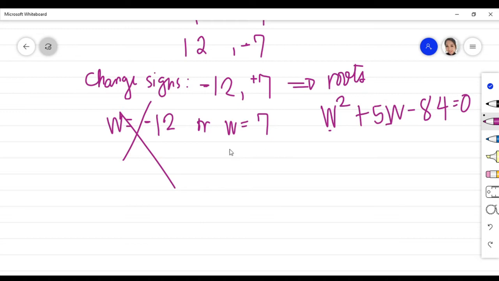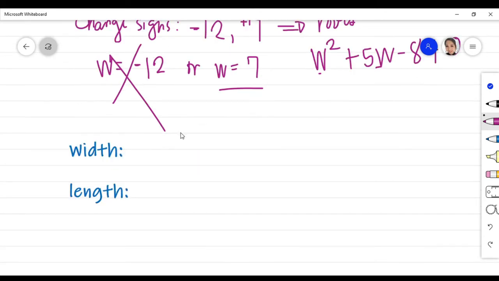So we will choose W equals 7 to be our width. For our width, W equals 7, and our length is represented by W plus 5. Let's replace W here by 7. So 7 plus 5, that is 12.